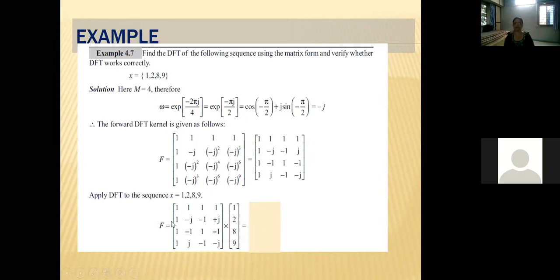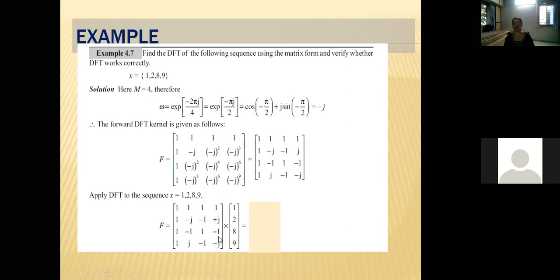We can determine F as the forward transform matrix F multiplied by input signal X transpose, or we can obtain it by X multiplied by F transpose. Both methods are correct because we are determining forward transformation of this vector.